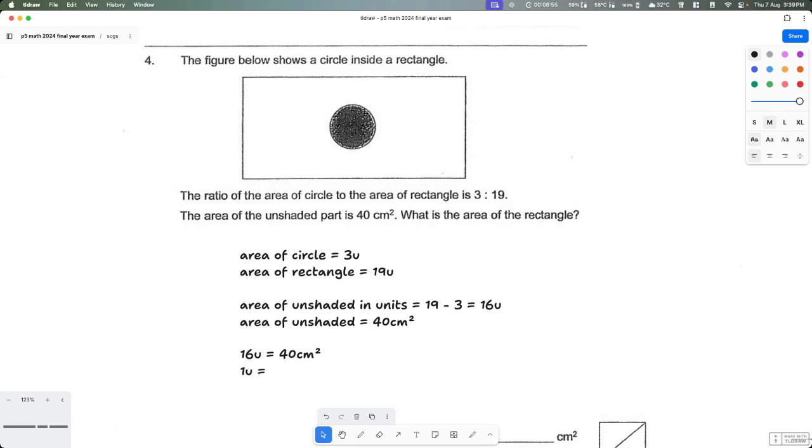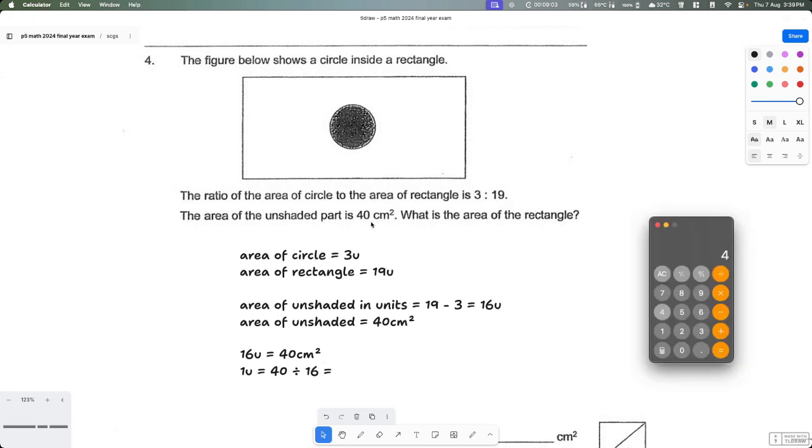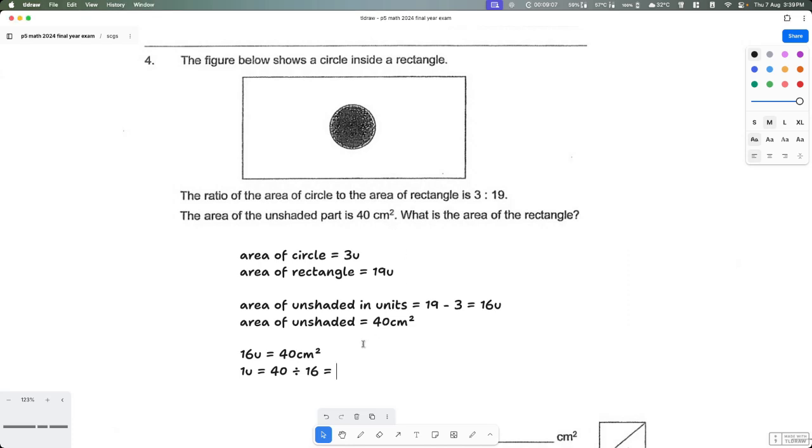1 unit is equal to 40 divided by 16, which gives us 2.5 centimeters square.